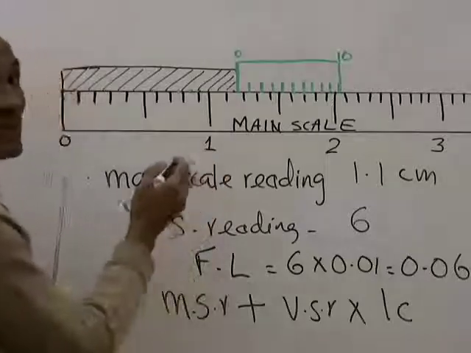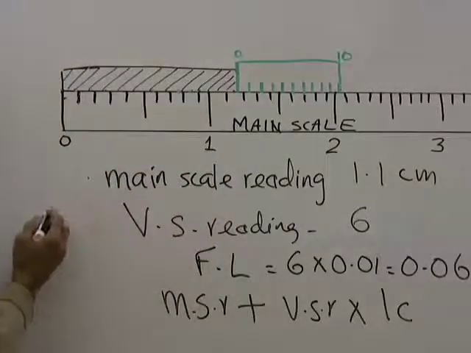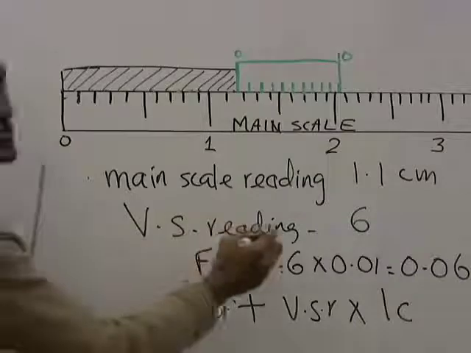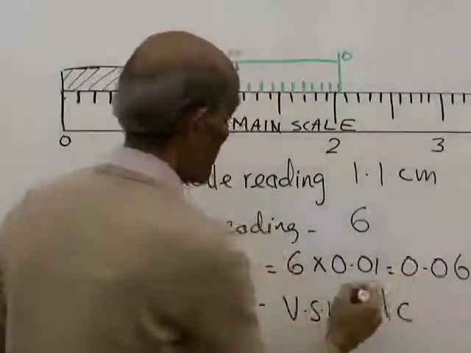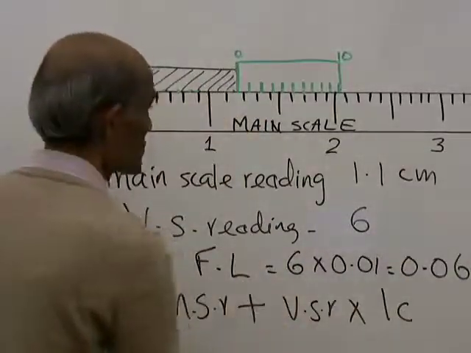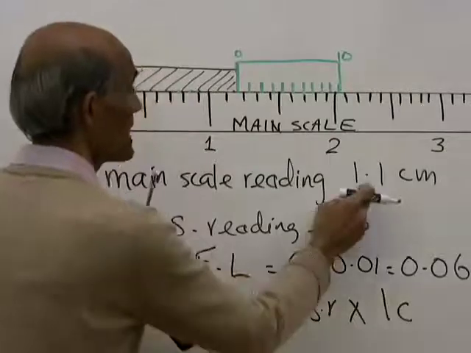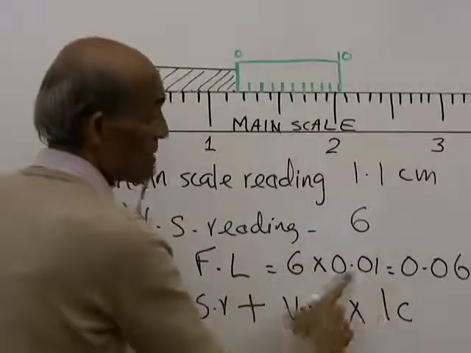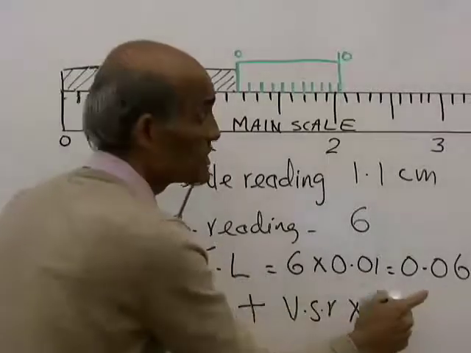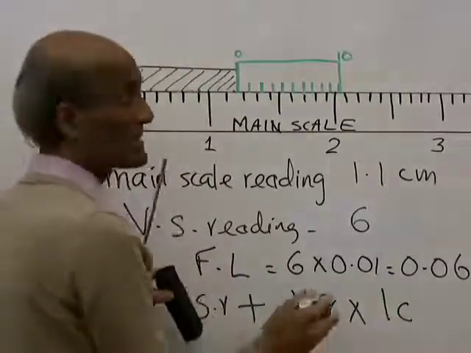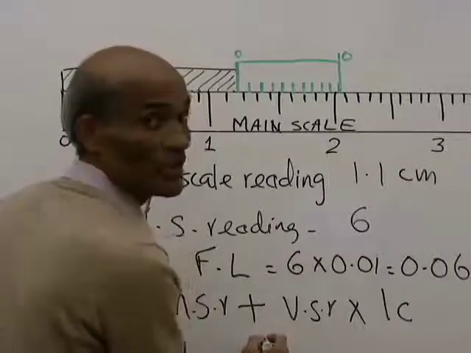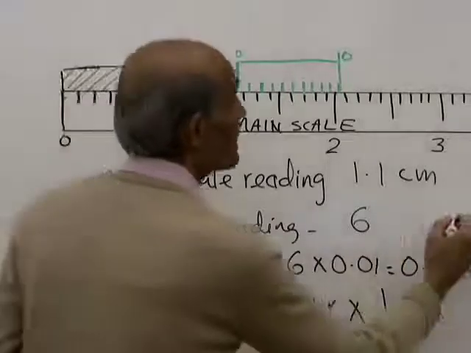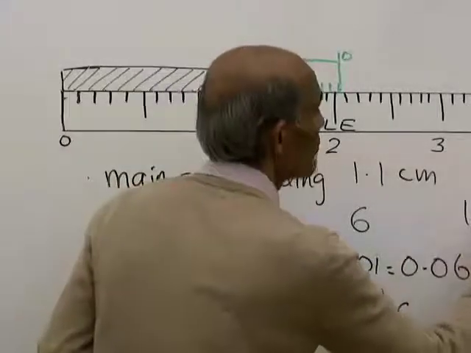Now, I'm going to write it here. My main scale reading is 1.1 centimeter. And vernier scale reading multiplied by the least count is 0.06 centimeter. Therefore, the result here will be 1.16 centimeter.